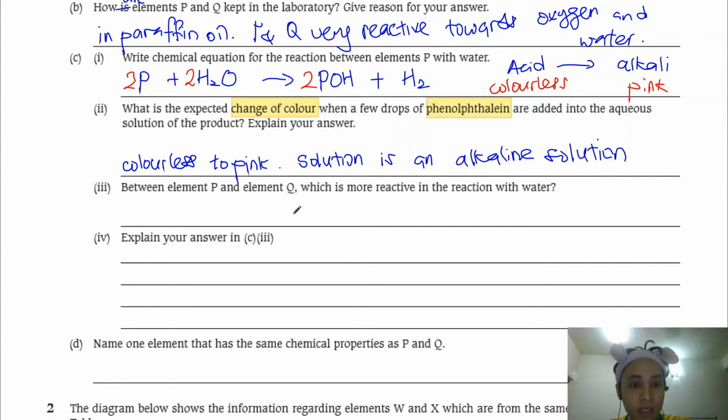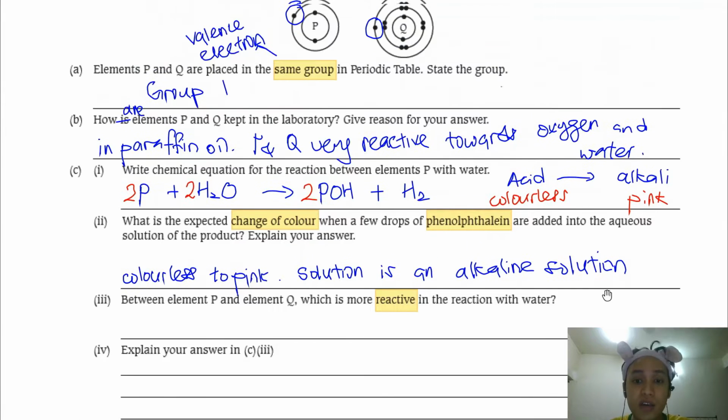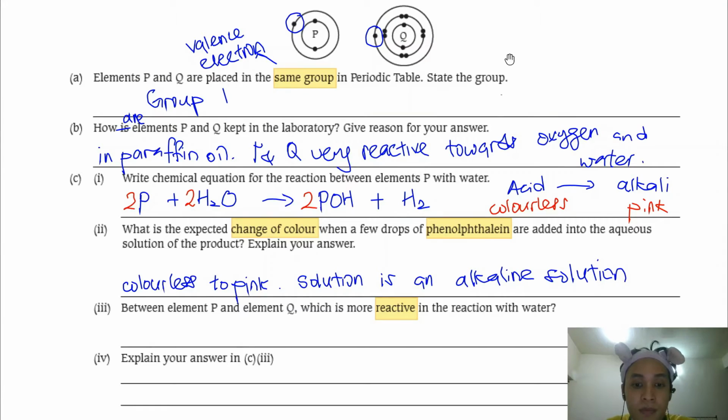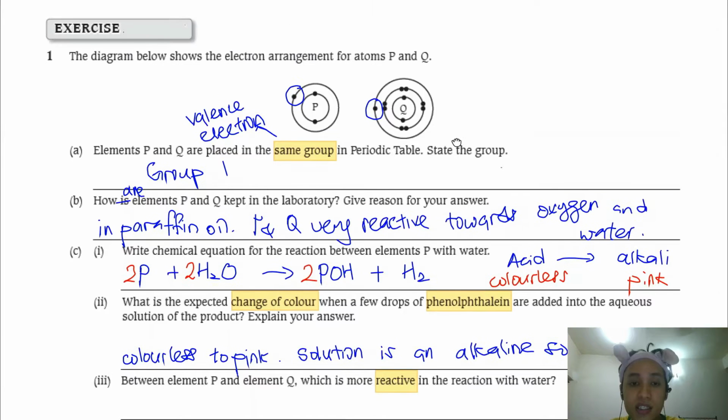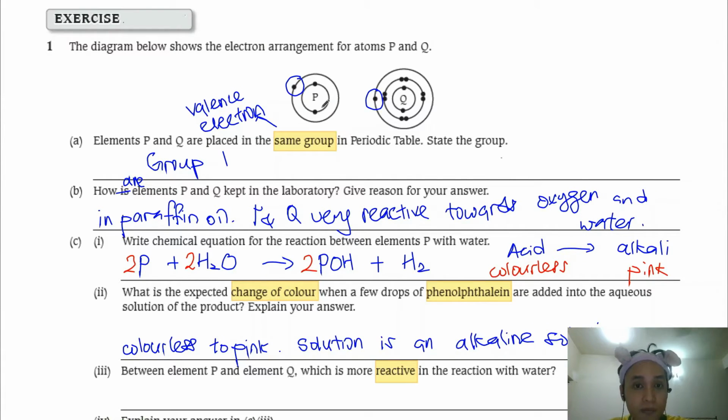Between element P and Q, which is more reactive? Now remember, reactivity depends on the valence electron. Reactivity of group 1 elements depends on how easily you release the valence electron. Here the distance is shorter, here the distance is further.